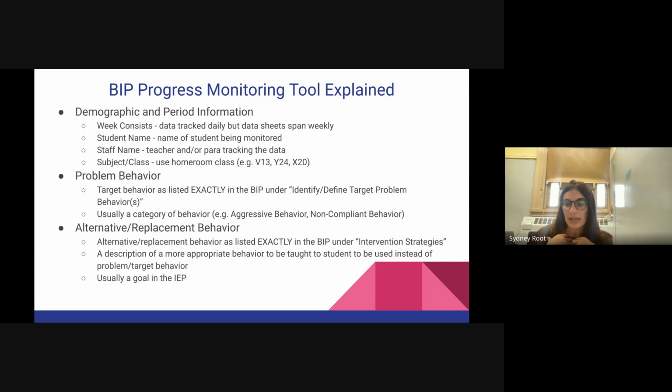From my experience at 180 and 464, that's typically what we see when we get new kids in. Lastly, there's a section for the alternative/replacement behavior, which is also listed exactly from the BIP. It's what we would like to teach the student to do to minimize that problem behavior, and it's typically seen as a goal in the IEP also. Next slide, please.